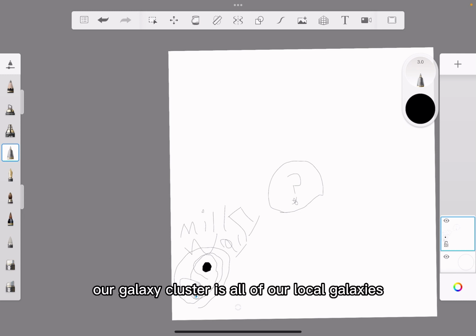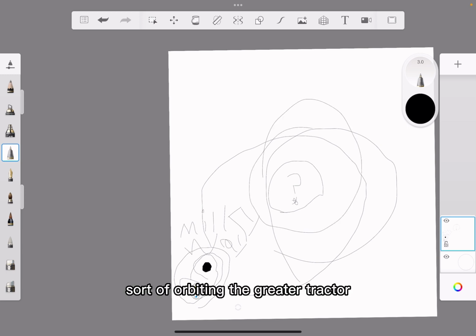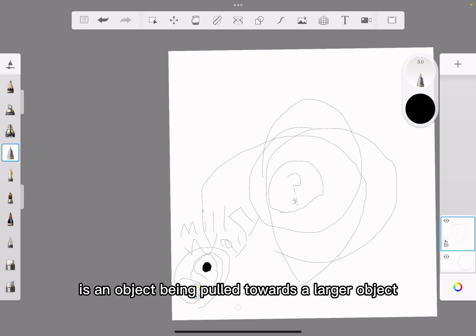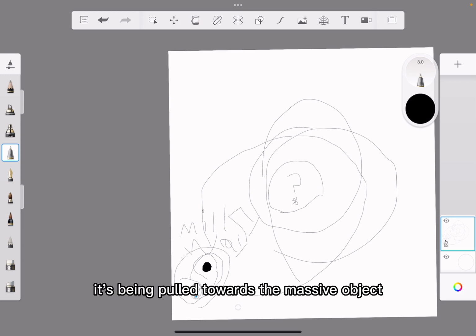Our galaxy cluster is all of our local galaxies sort of orbiting the Great Attractor and being pulled towards it, because all orbit is an object being pulled towards a larger object, but also having enough velocity in another direction so that it misses it every time it's being pulled towards the massive object.